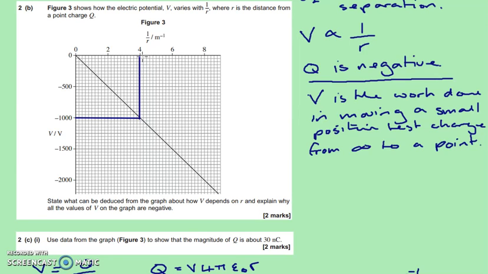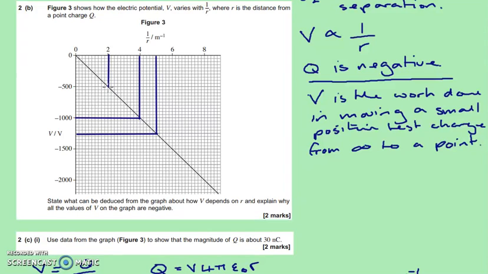So 5 is halfway between here and here. So we'll go, ooh, I've missed. No, I'm not sure I have. So it's 1, 2, 3, 4, 5. Down to there. And across to there. So that's halfway between 1,000, 1,500, and then 2.